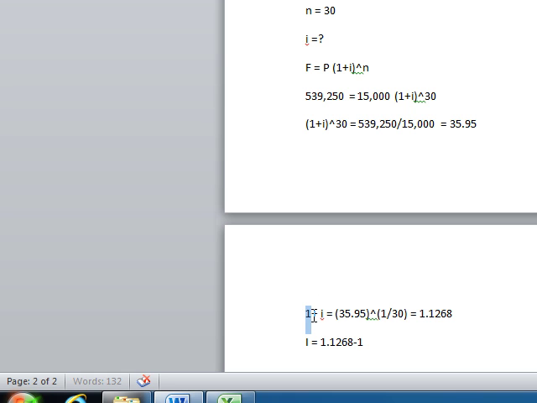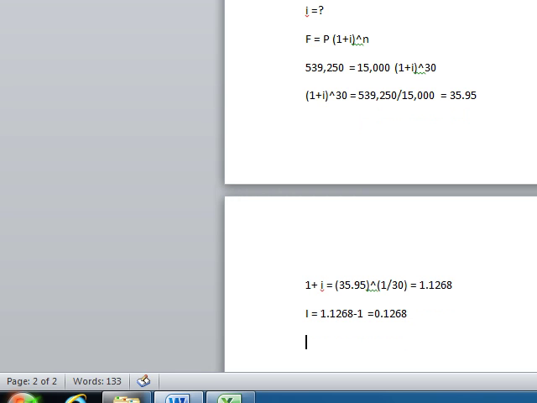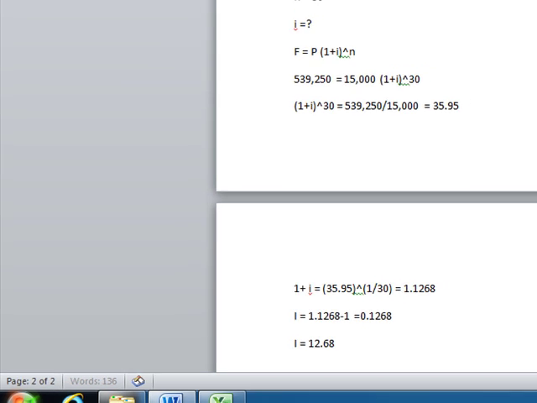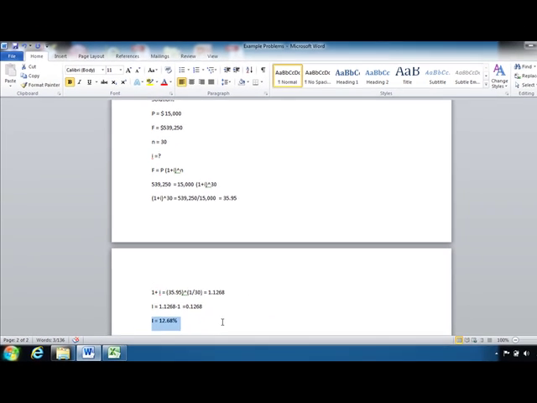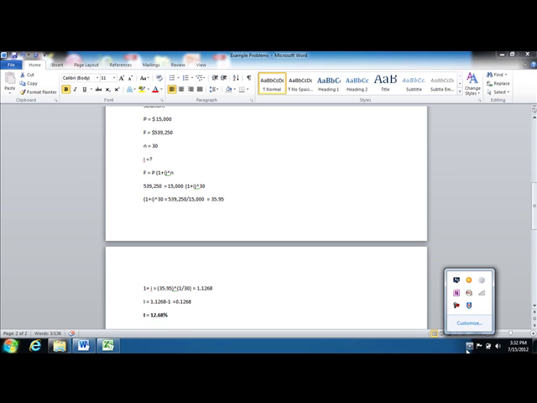This 1 I am subtracting from both sides. That becomes 0.1268, right? That means I is equal to 12.68%. We need to multiply this by 100 to get the value in percentage. So basically the interest rate is 12.68%. That's it. That's our final answer.